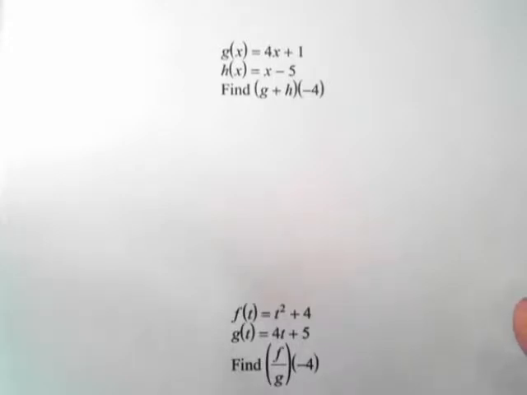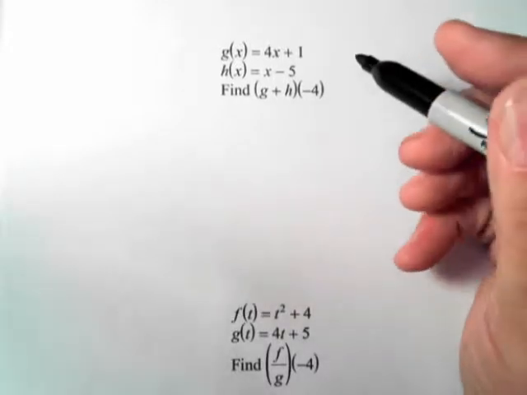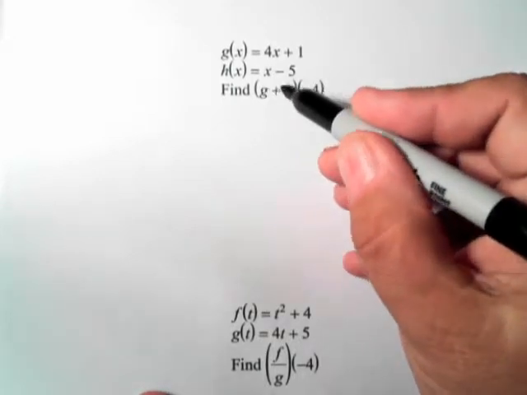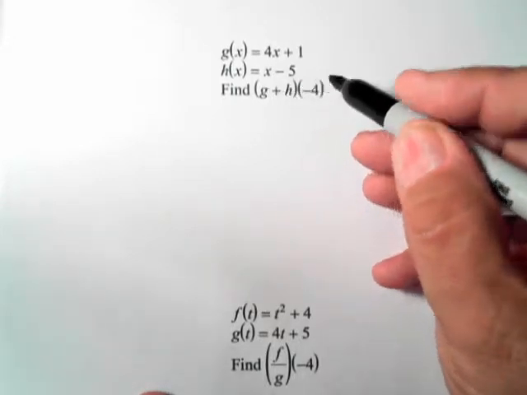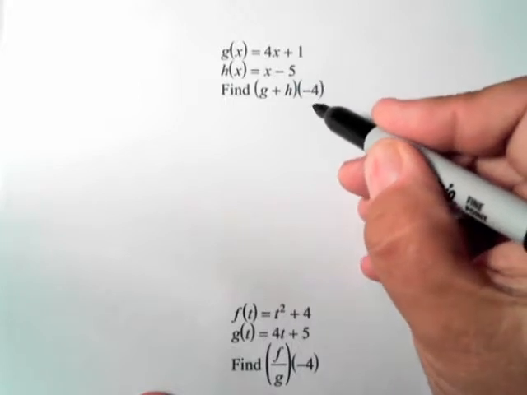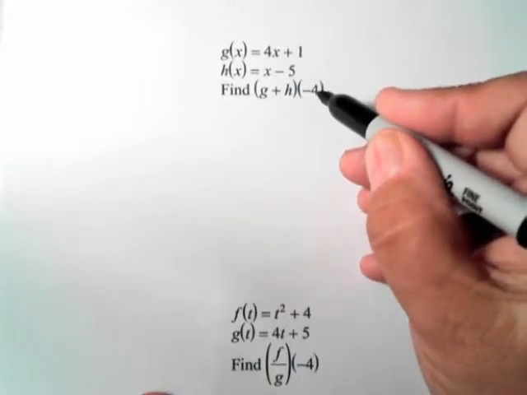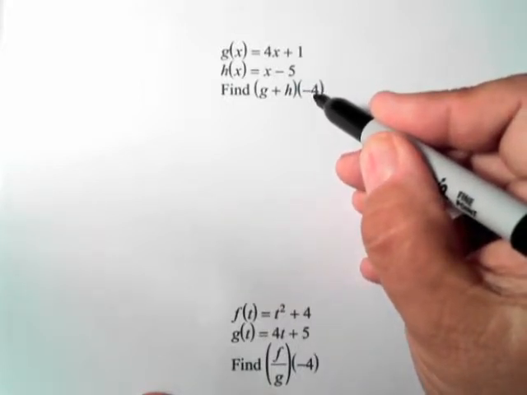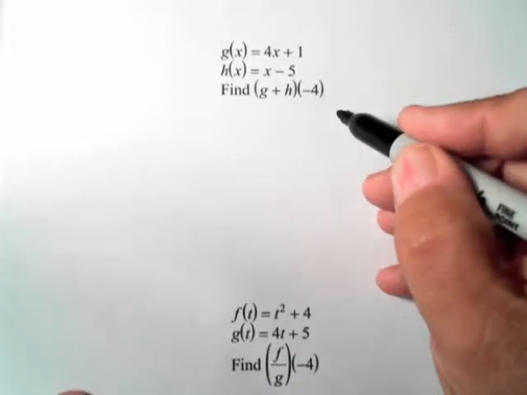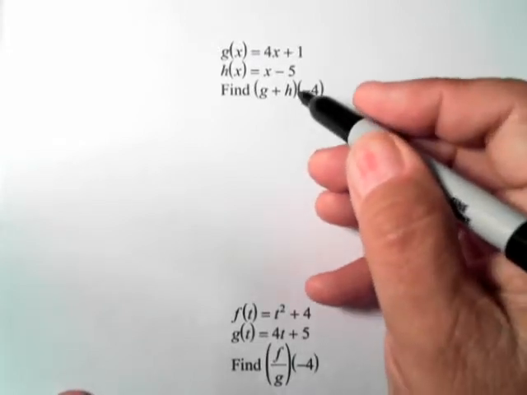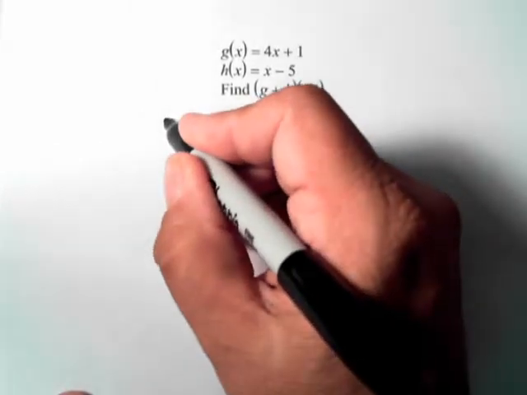Okay, here's the last couple of examples to look at. The first one up here is an addition problem again, g plus h, but now notice we want to replace the variable with negative 4, so that means we'll be able to come up with a final number as the answer. Well, let's start working on this.